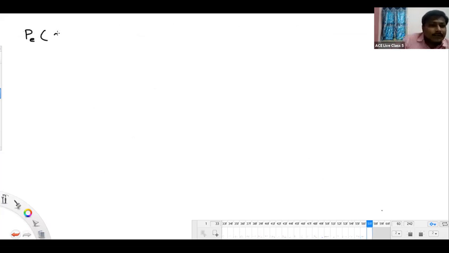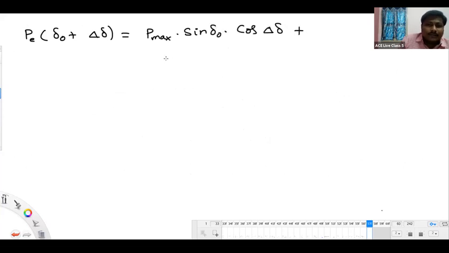So P of delta naught plus delta delta is equal to P maximum sine delta naught cos delta delta, that is one term, plus P max cos delta naught sine delta delta, that is the second term.